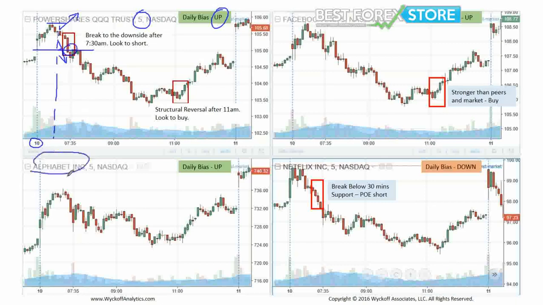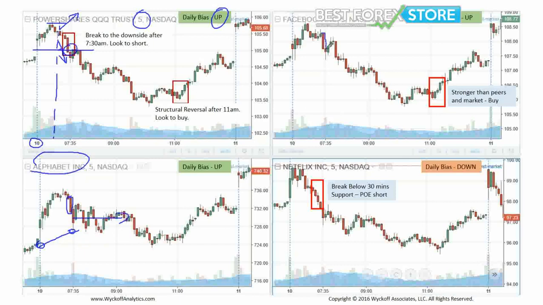And that's kind of evident from the Alphabet right here, where if the market committed on this bar right here, we still don't have that commitment to the downside based on the lows here, and then the whole action here is just consolidating.